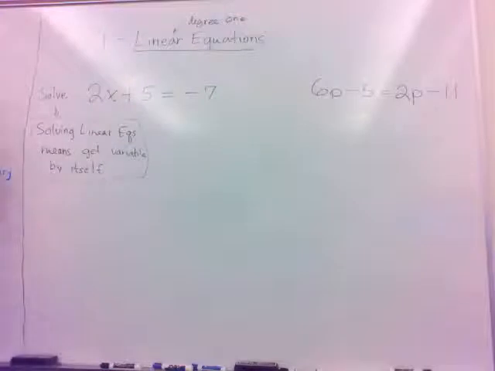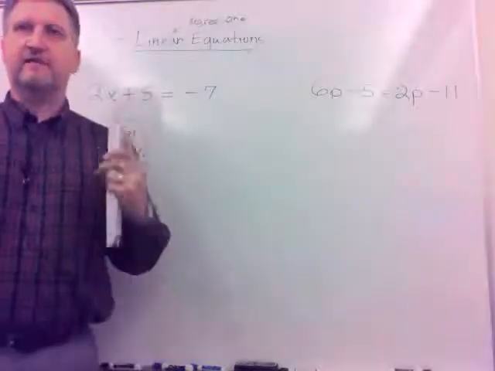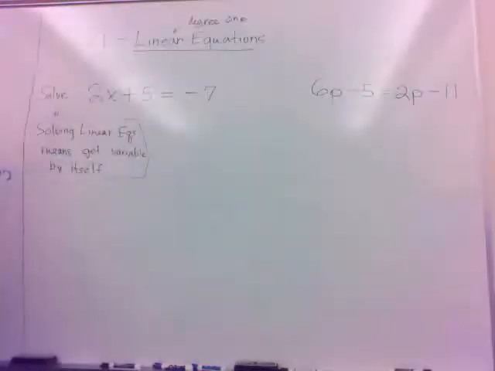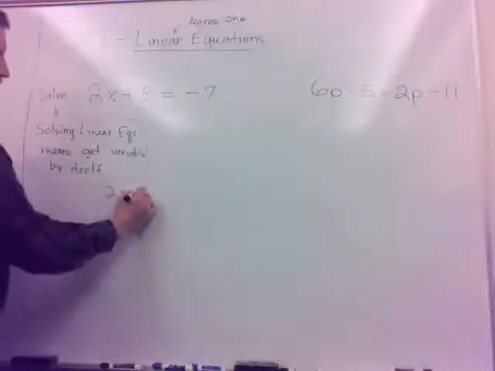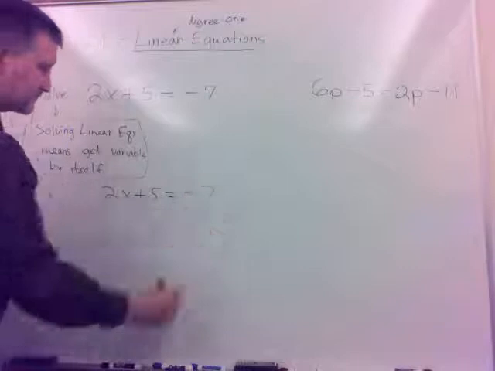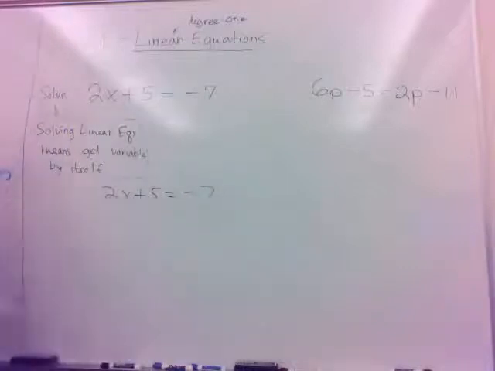To solve a linear equation, that's basically the idea. We want to take 2x plus 5 equals negative 7, and we want to get the variable x on a side by itself. Isolate that variable, we call it. We do that through various techniques. The most basic rule of thumb in solving equations is what you do to one side, do to the other side.